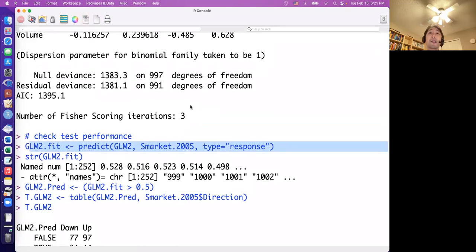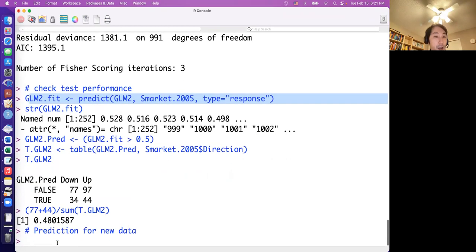In the original training data set, we have the columns of lag 1, lag 2, lag 3, volume, and the response is direction, right? So response, we don't use it, but we need all the predictors in exactly the same shape. It does not matter which row it will be in, but at least we have all predictors in that data set.